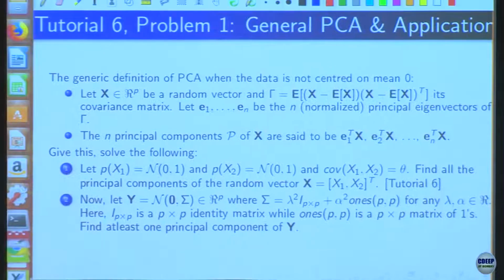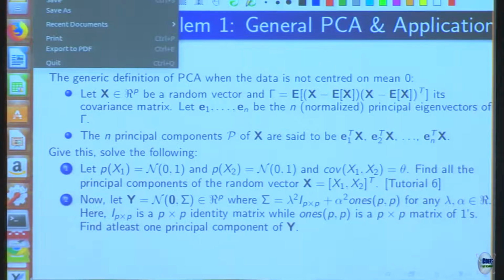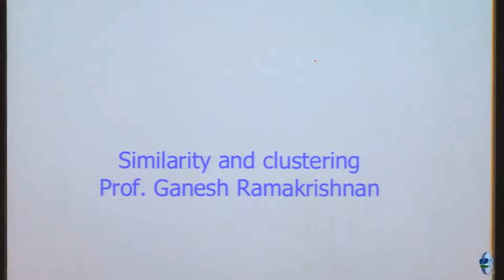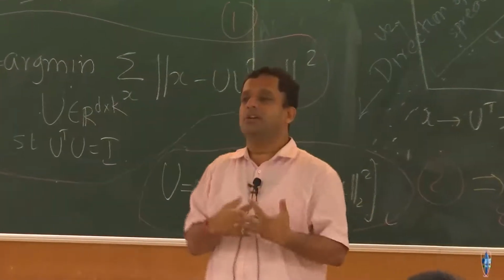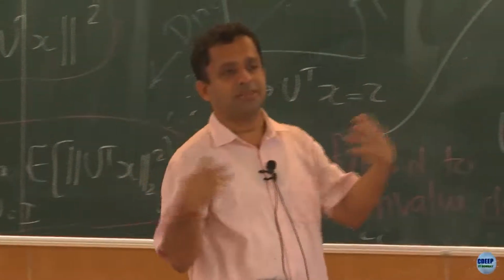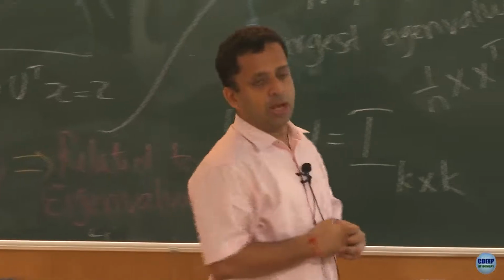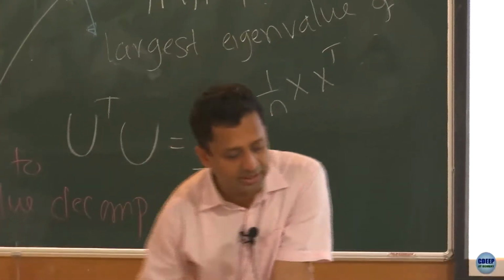I am going to just get started with clustering, and then we will delve more into it in today's lab as well as on Friday. What we have done so far is try, in an unsupervised manner, to understand feature compression, how features can be compressed, how they are correlated. But you could also look at points directly.